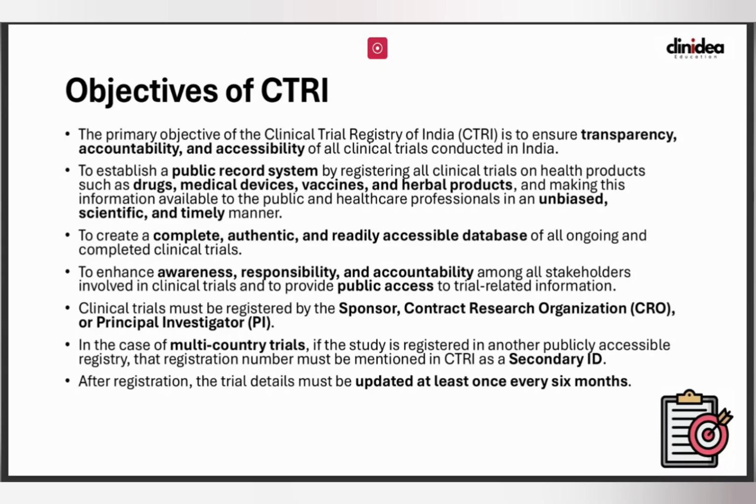They should take the responsibility that we will keep updating the trial information as it moves forward. After every 6 months or a year, you have to make sure that the data is updated. This makes sure that the data on CTRI remains current and reflects the true status of the trial.